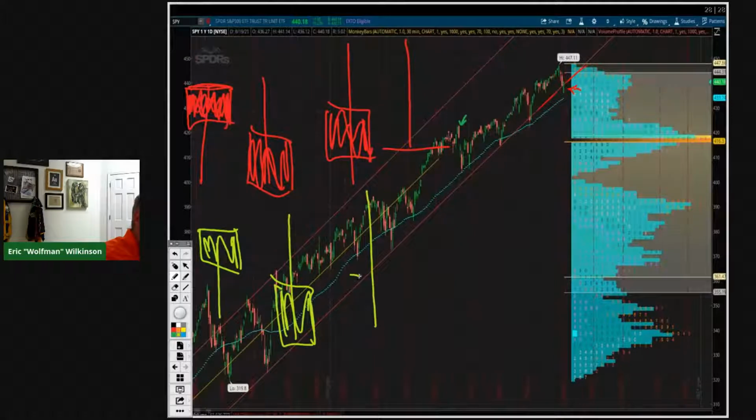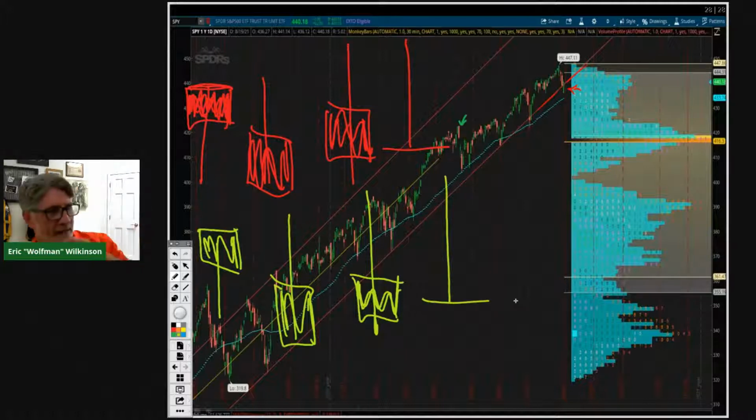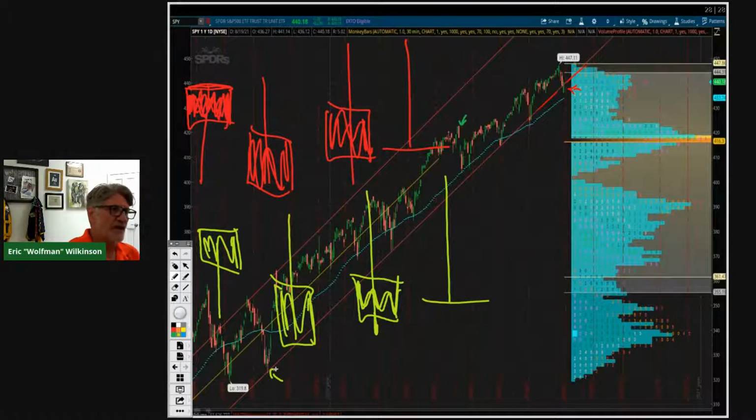Those are things we are looking for when it's got a little wick there or a tombstone, something like that, at the top or bottom of the moves, okay? So for a newer trader, those are things that I think you should look for on those very extreme highs and extreme lows. That would be an opportunity like this to take advantage of those swings. But those are basically 4 easy ones.